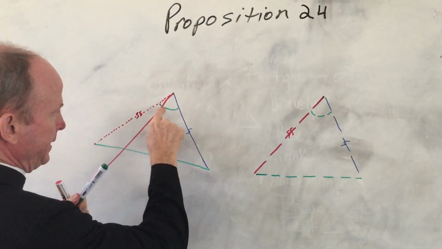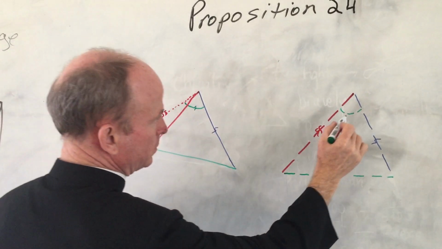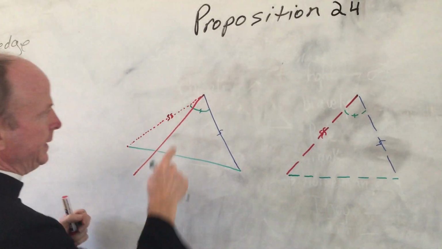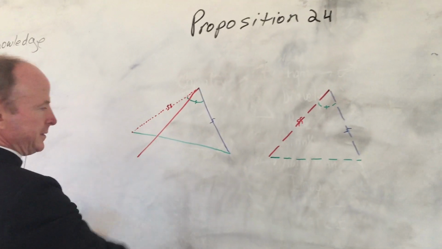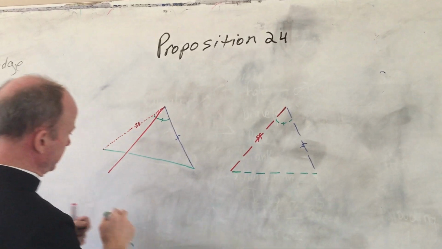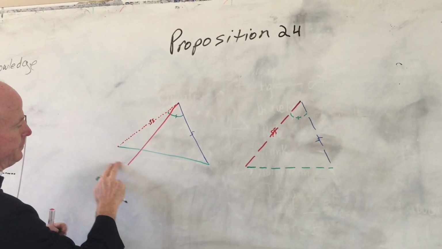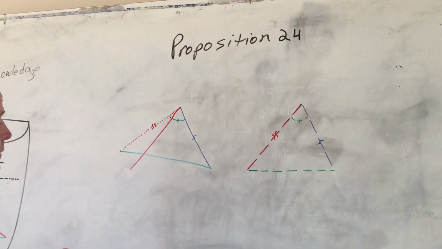So now this angle is equal to this angle. Okay? Let's cut off from the greater line, extend this so it's greater, let's cut off from the greater a line equal to the lesser. All right, let it be done. We know we can do that.